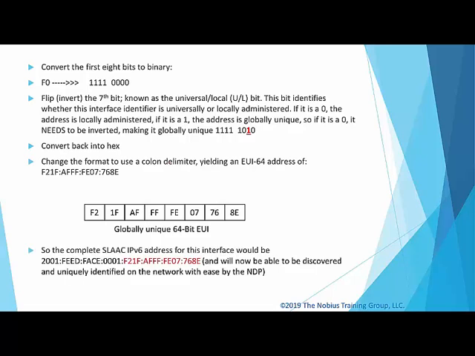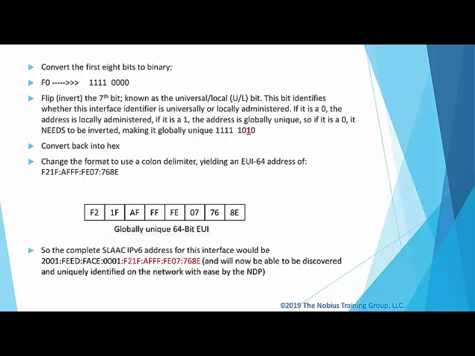You change the format to use the colon delimiter in between, yielding the EUI-64 address of F21F:AFFF:FE07:768E. This is your globally unique EUI, the 64-bit EUI.